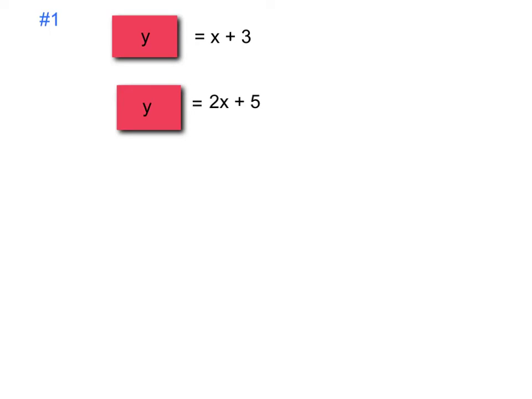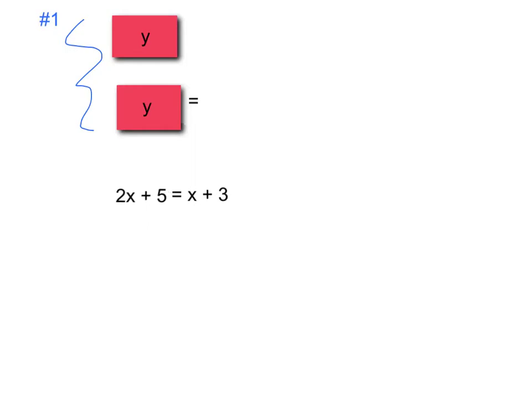Alright, so let's take a look at our first example here. I have y equals x plus 3 and y equals 2x plus 5. These two equations make up my system of equations. So I know that if y is equal to x plus 3 and y is equal to 2x plus 5, I can set these two equations equal to each other.